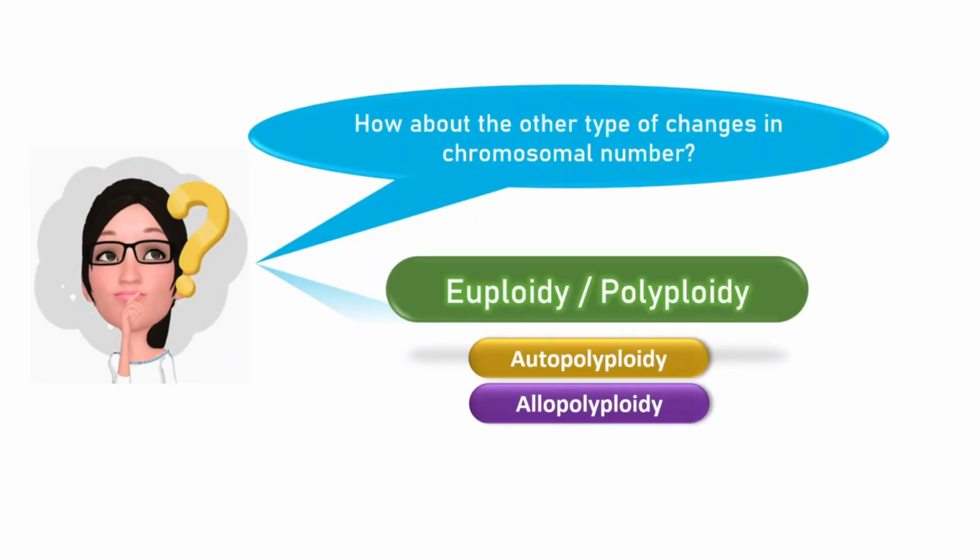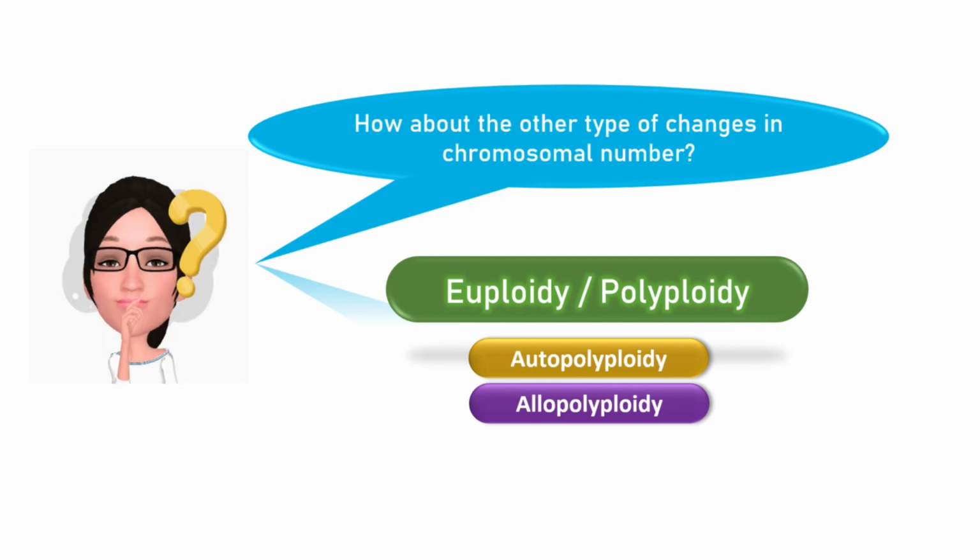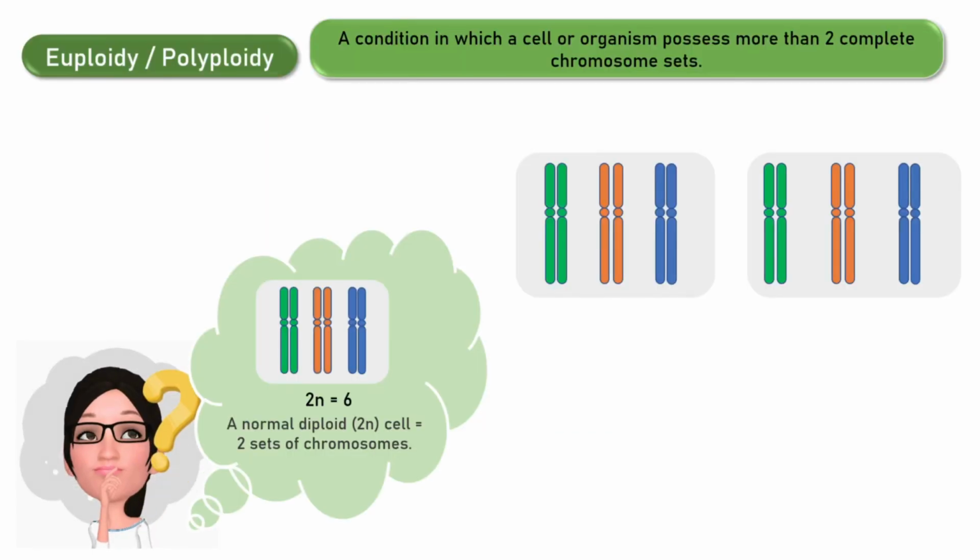How about the other type of changes in chromosomal number, which is Euploidy or Polyploidy? Euploidy divides into 2 types, which are Autopolyploidy and Allopolyploidy. Euploidy is a condition in which a cell or organism possesses more than 2 complete chromosome sets.